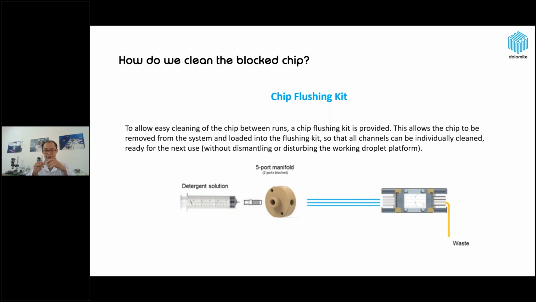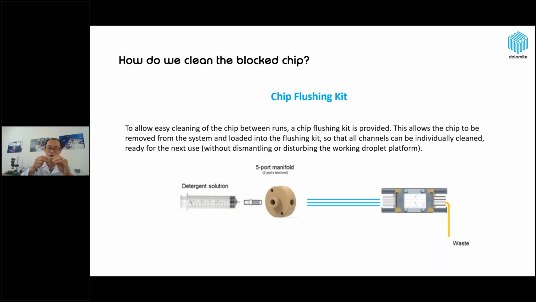So in my hand here is the flushing chip. It will include the edge interface or the top interface, depending on what chip you are using.